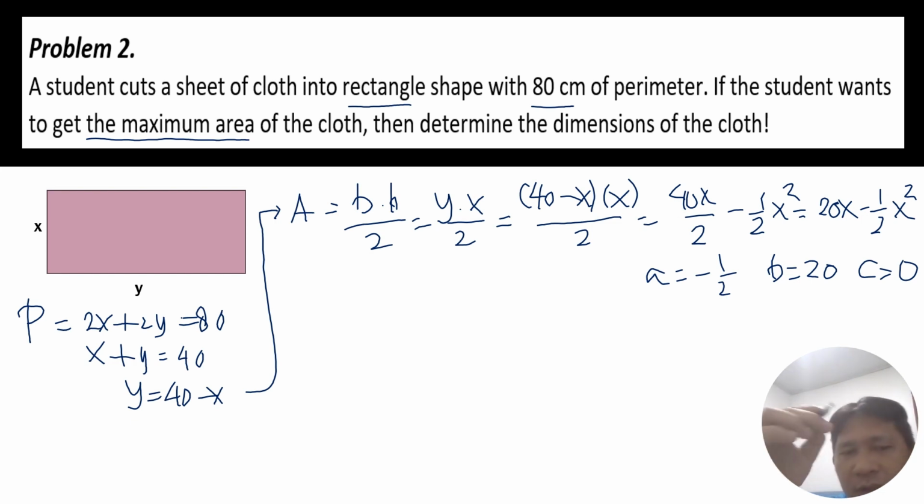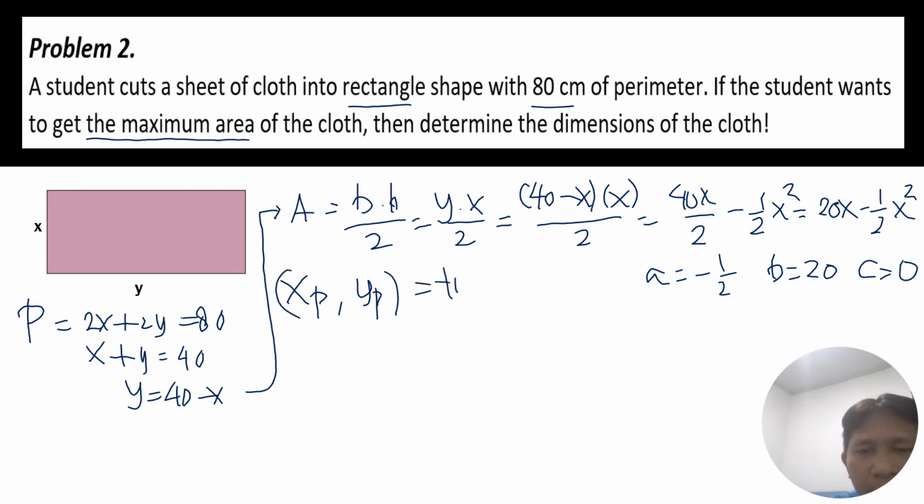Okay, to get the maximum area, it depends on the value of xp. We know that xp, yp is the turning point. So here we have xp equals minus b over 2a.